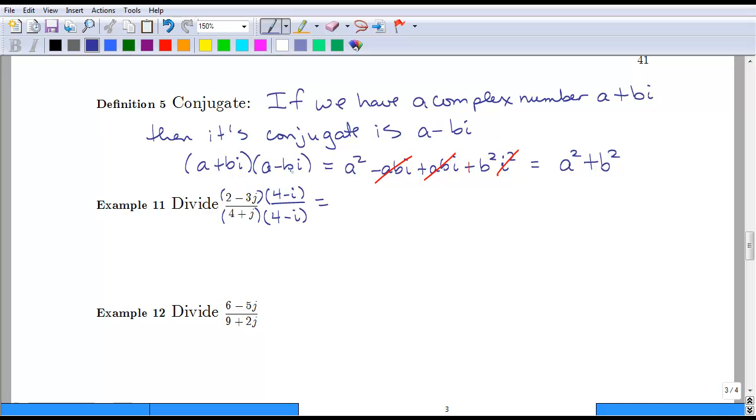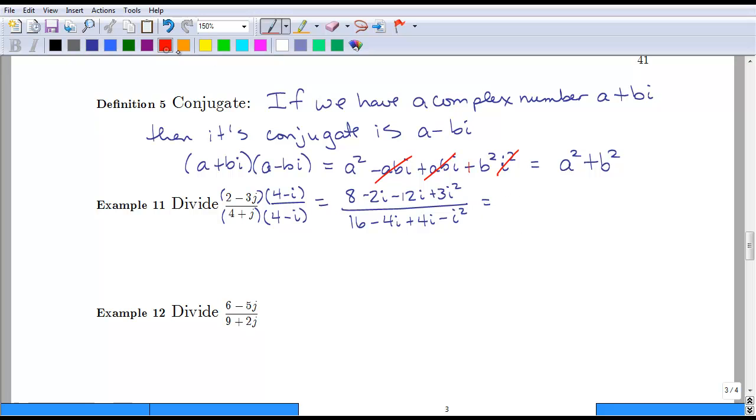So we're just going to repeat the process that we had for multiplication. We're going to distribute. We end up with 8 minus 2i minus 12i and plus 3i squared. In the denominator, you end up with 16 minus 4i plus 4i and minus i squared.